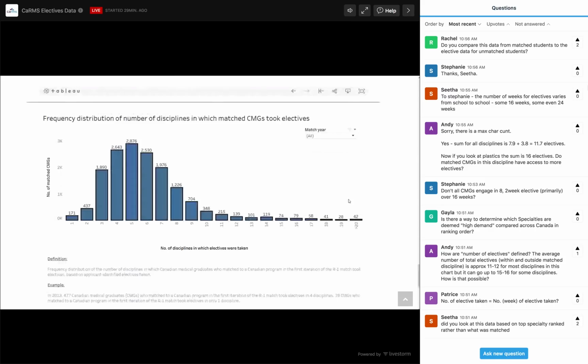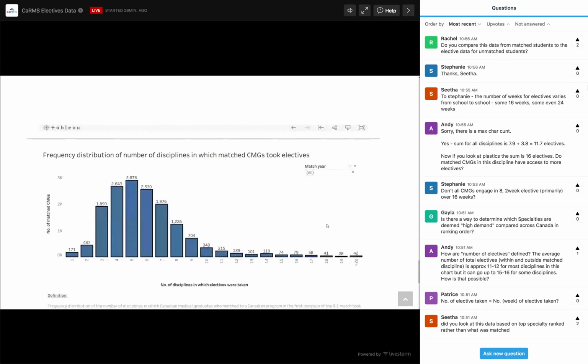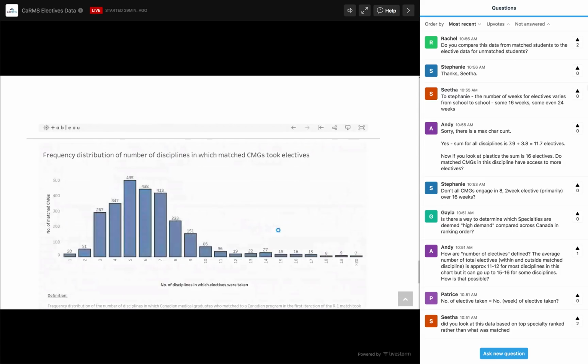And finally, again with the discipline view, now we're focused on the number of disciplines in which Canadian medical graduates have taken electives. What we're looking at here is a frequency distribution, and rather than a drop down for discipline, this is across the board, all CMGs in the R1 match. So this is looking at it by year.